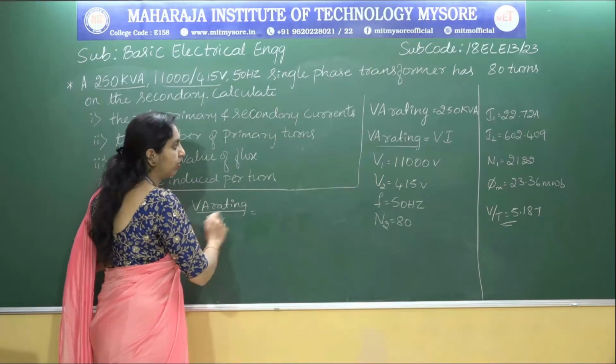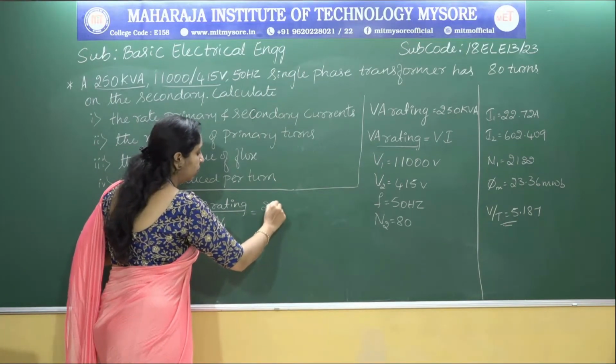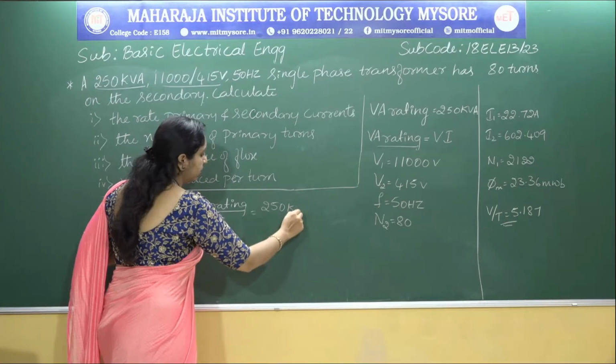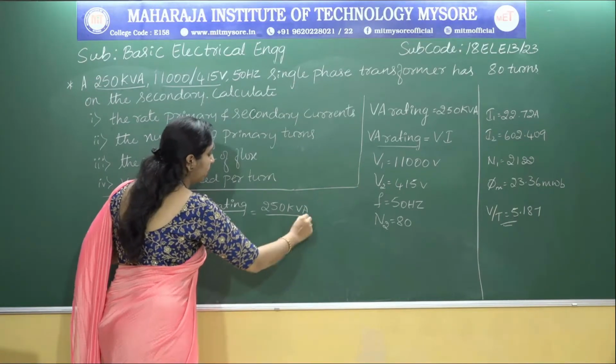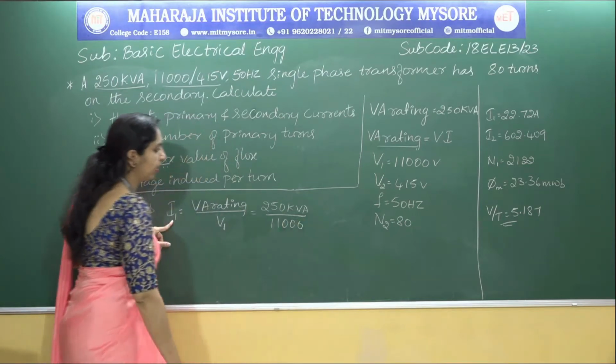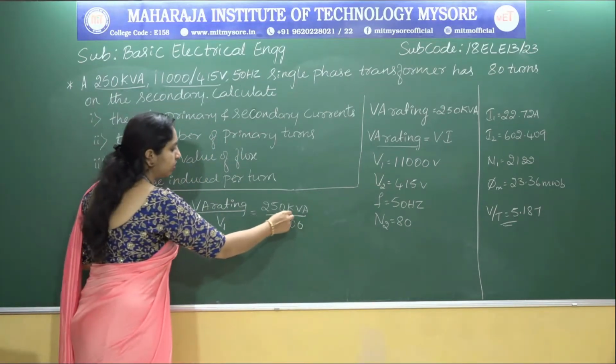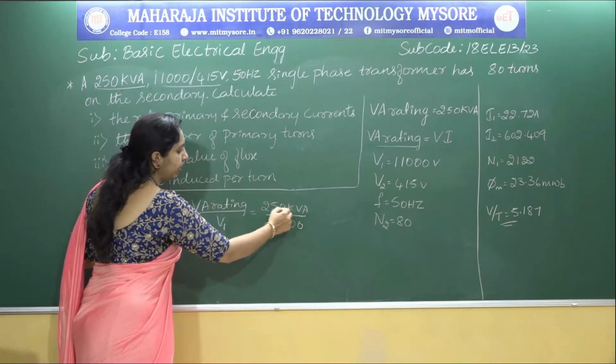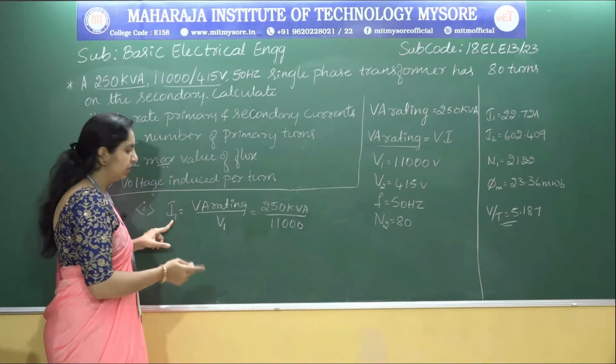Substitute the value of VA rating, which is 250 kVA, divided by V1, which is 11,000. Remember, this K should be expanded into 10 power 3.